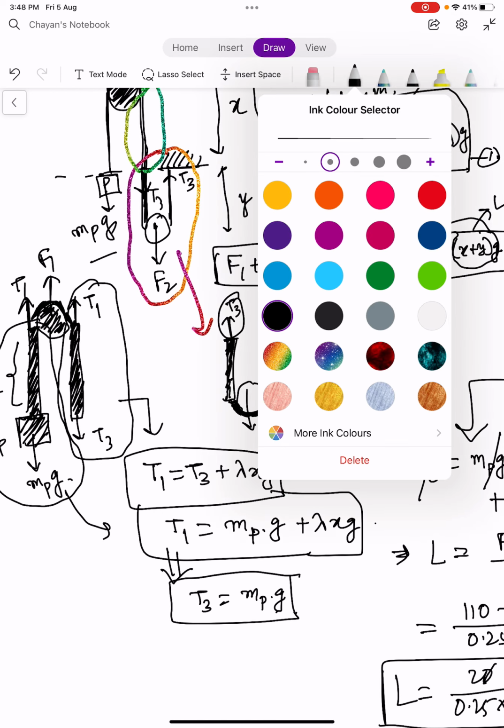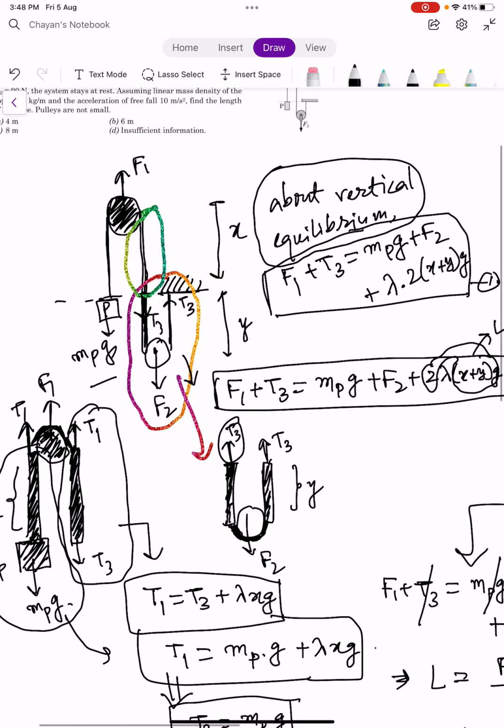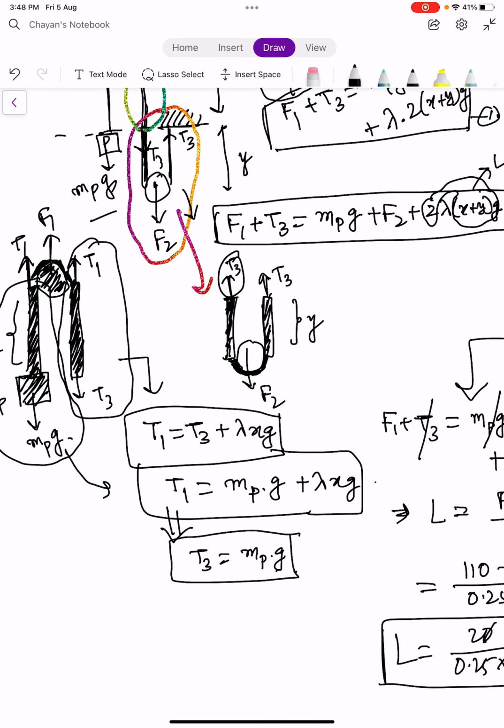Then, considering equilibrium of these parts, we could find these equations.